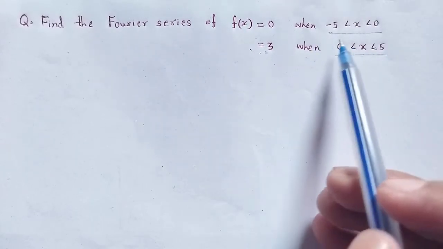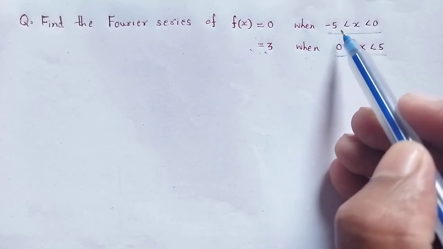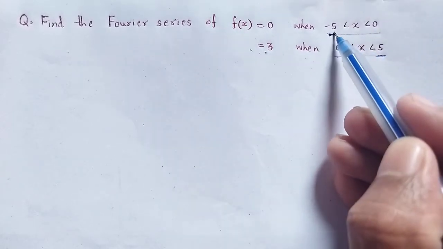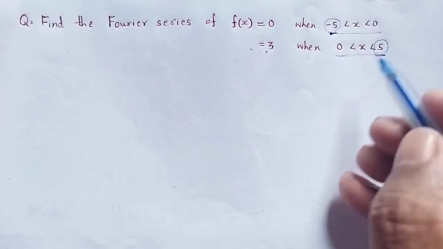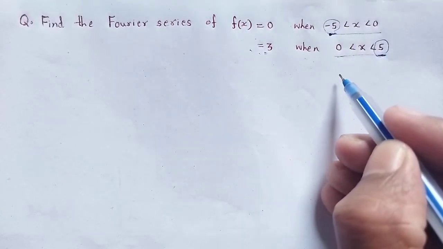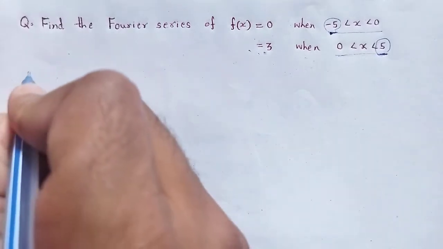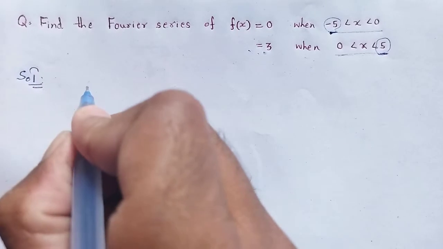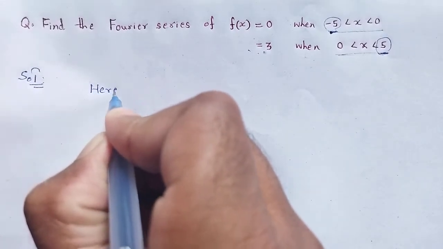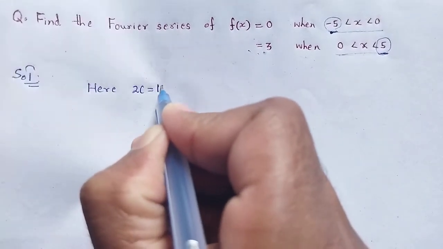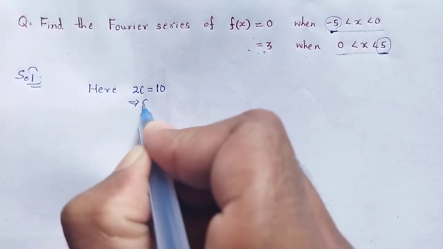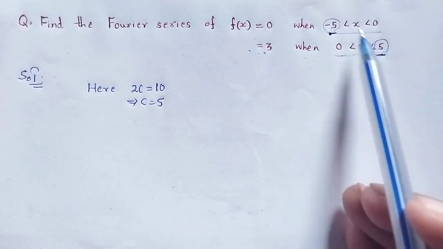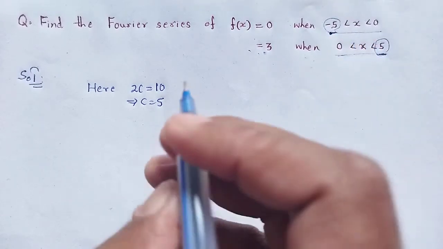Look at the particular condition: the range is from minus 5 to 5. Here minus 5 to 5, that is 2c is equal to 10. How do we get the solution? Here 2c is equal to 10, which implies c is equal to 5, since the range is from minus 5 to 5.